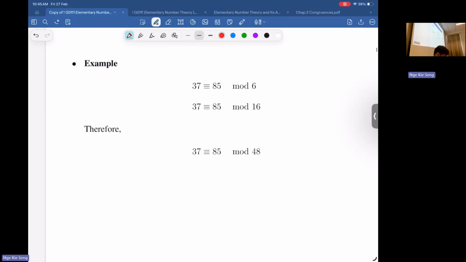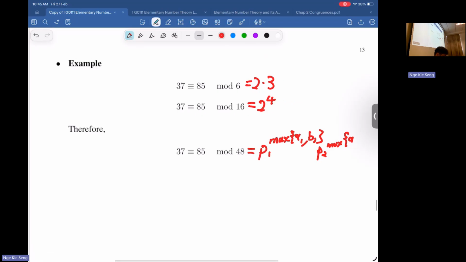Do you still remember how to figure out this 48 here? There's a convenient way. If you write 6 as 2 times 3, and 16 as 2 to the power 4, this is just p1 to the max of a1, b1 times p2 to the max of a2, b2.